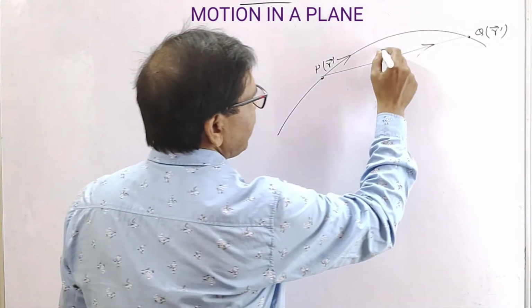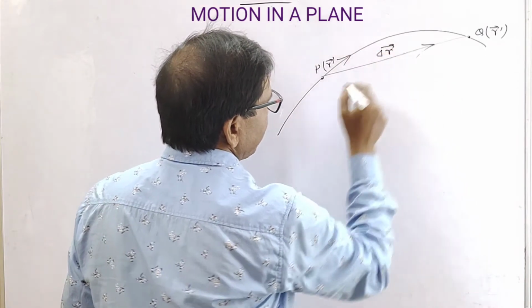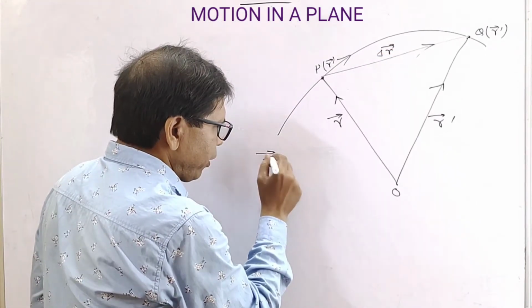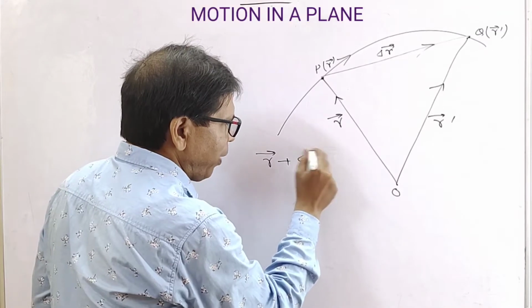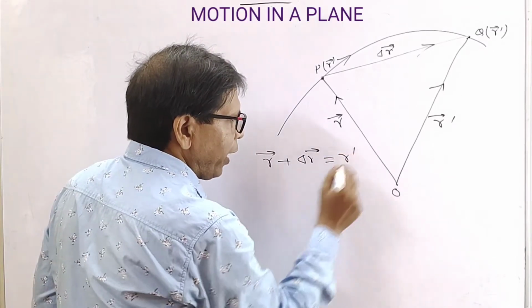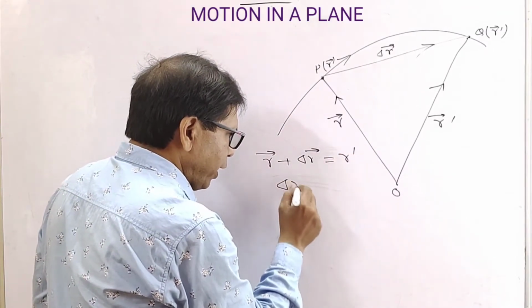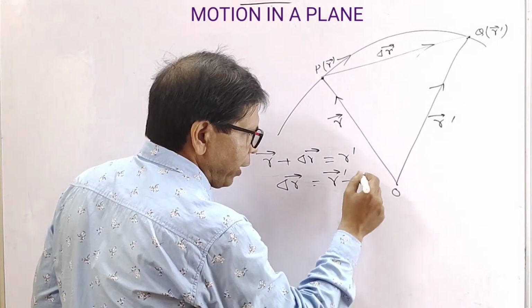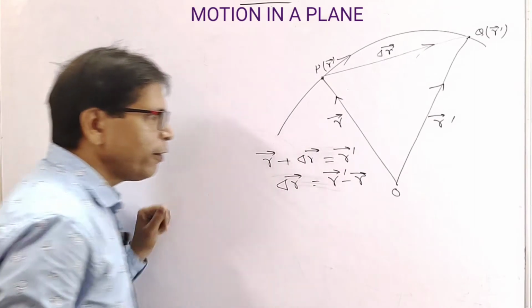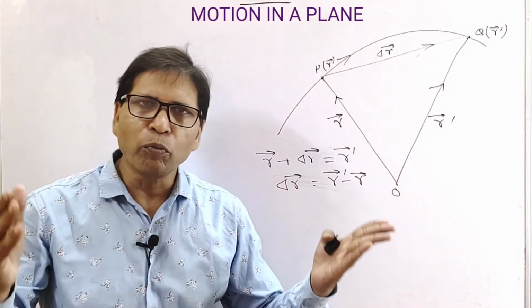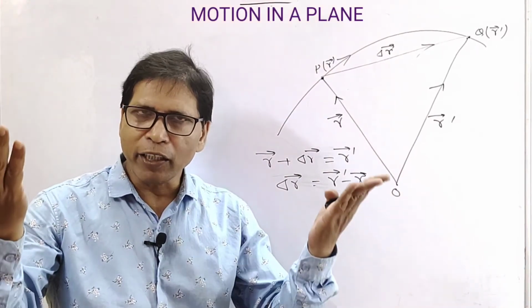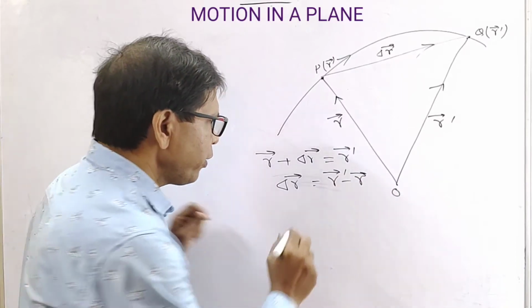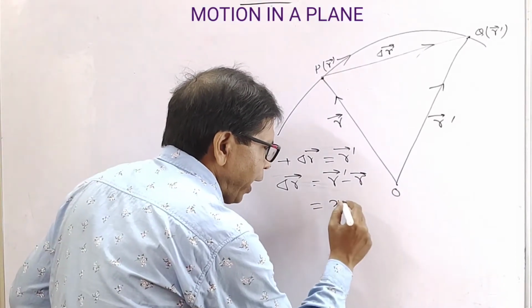Now look at this, the displacement vector is the linear distance between P and Q. So this is the delta r vector. So r vector plus delta r vector equals r dash vector. Now delta r vector equals r dash vector minus r vector. Okay, as the particle moves in a plane, r has x and y components.